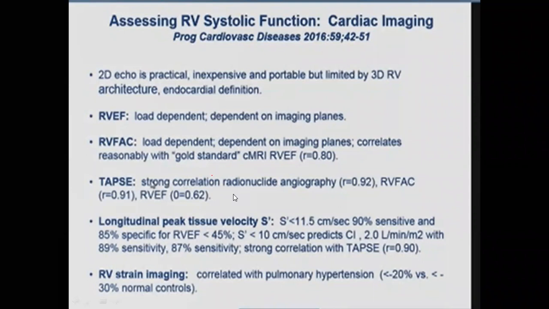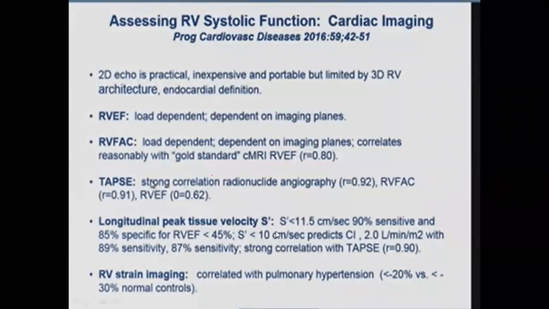And the other very important one with tissue Doppler is S prime, meaning the displacement of the tricuspid annulus, which we can assess by using tissue Doppler. It has been shown that especially in a patient with borderline or moderately reduced RV ejection fraction, it correlates better.